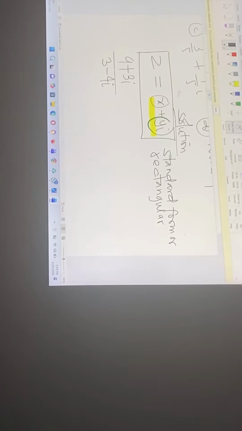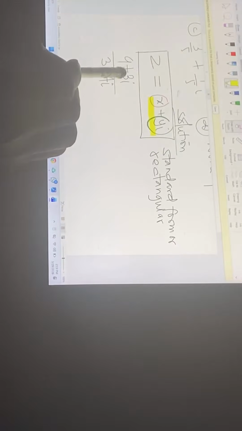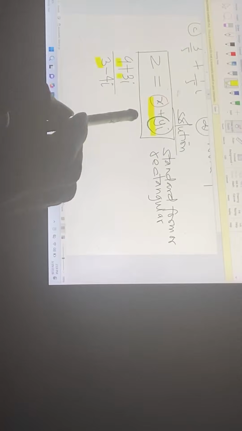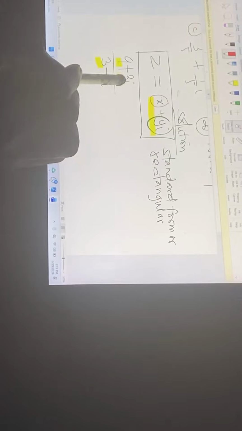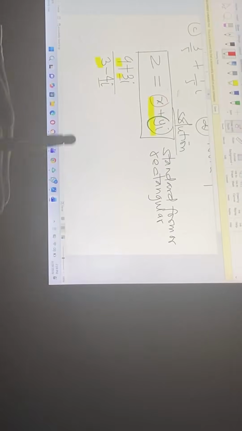If you look into this question here, we don't have one real part. We have two real parts here, this and this, and imaginary is this and this. So we have to solve this in a way that we have one real part and one imaginary part.